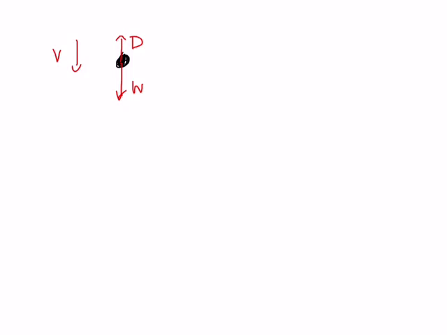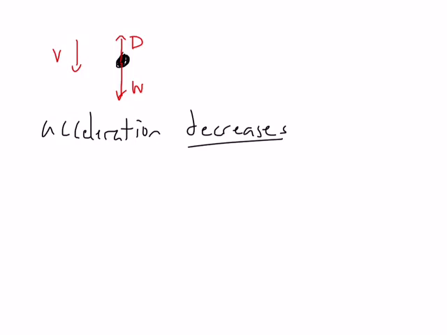So we can approach this in a couple ways, and I think the easiest way is to deal with it from the force perspective. This is also a written part. So the first thing is that the acceleration decreases. Now that's the conclusion. And so we start at v equals 0, so the drag force equals 0. And as we fall, we speed up.